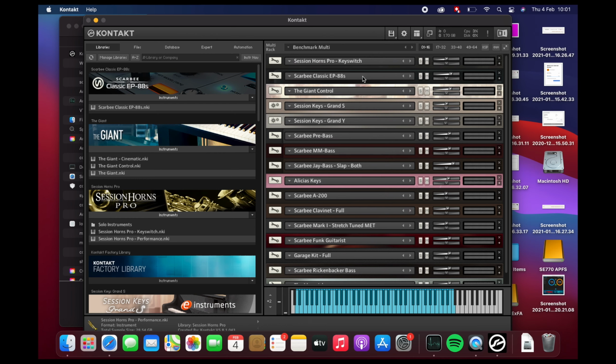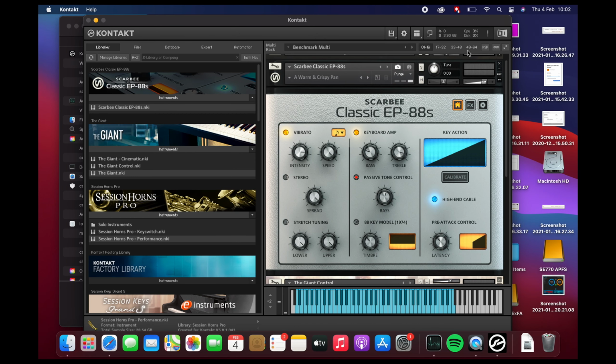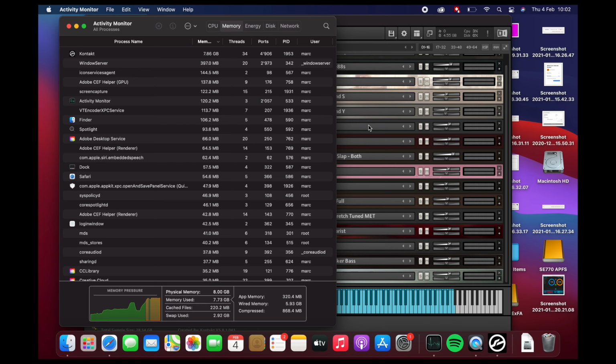So we see here we have 1, 2, 3, 4, 5, 6, 7, 8, 9, 10, 11, 12, 13, 14, 15, 16 instruments loaded. Wow, but the total is still loading. And let's have a look at our memory. We see now that we have definitely reached the maximum.